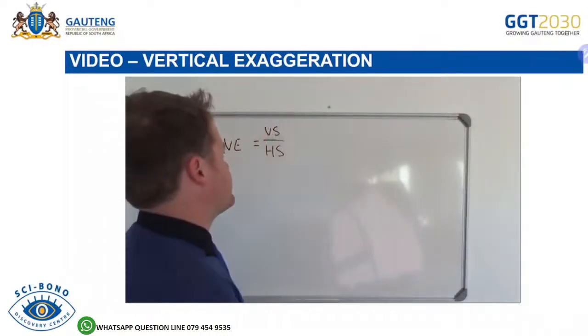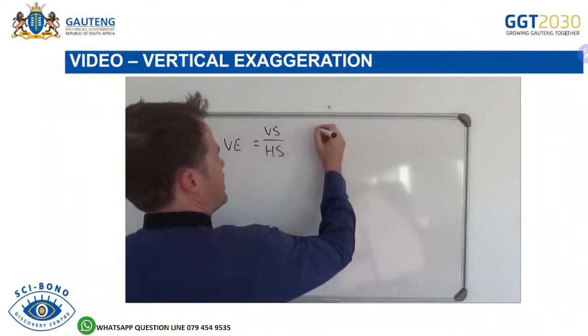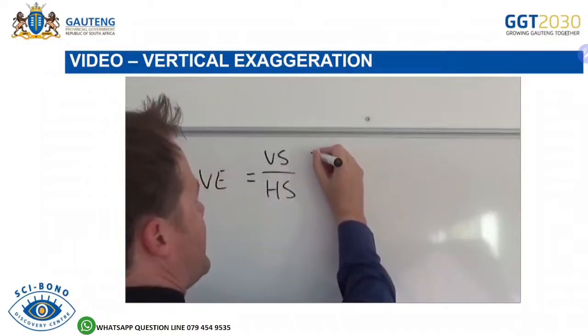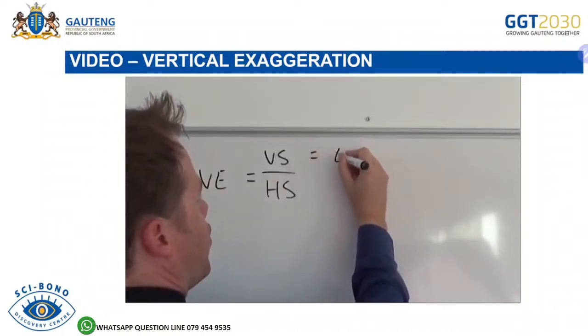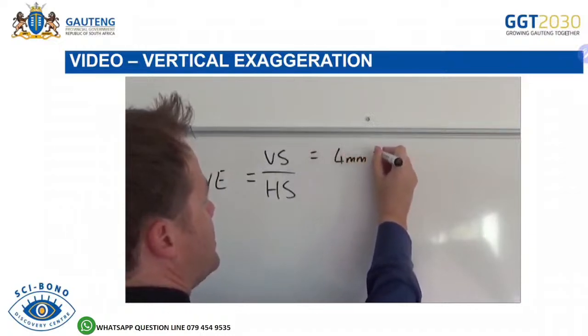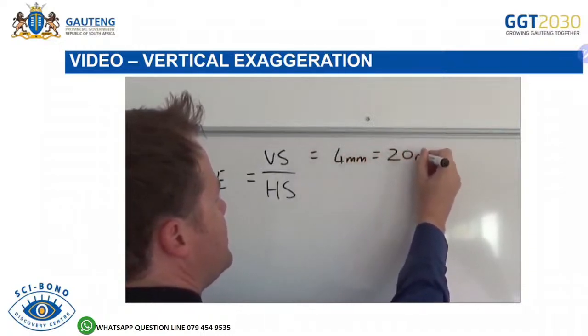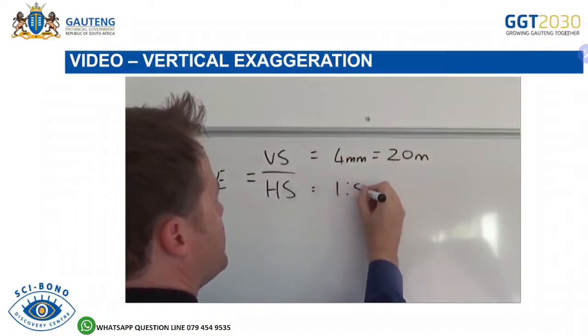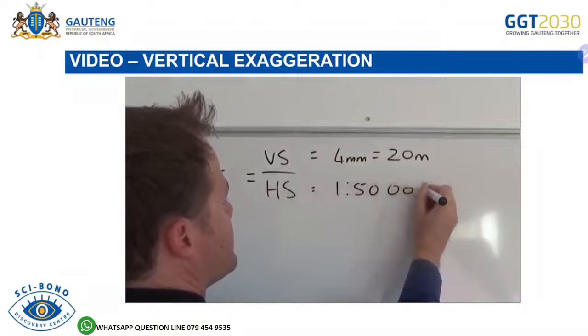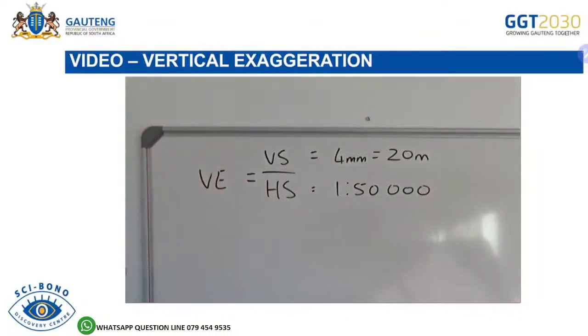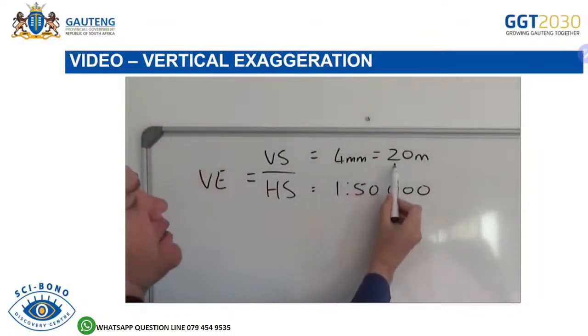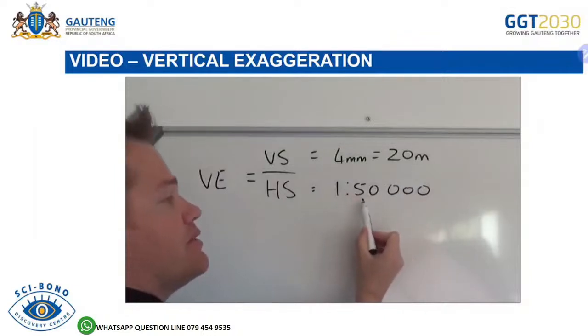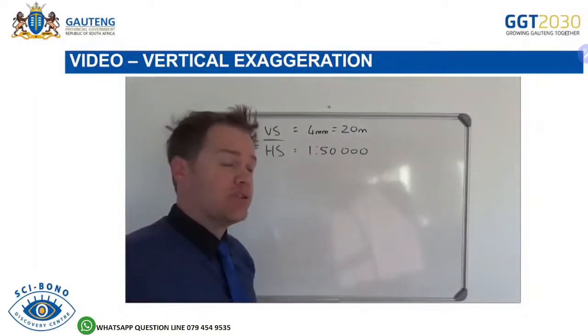The first one is the vertical scale, and let's say the vertical scale is 4 millimeters equals 20 meters, and your horizontal scale is 1 to 50,000. Now we want to convert this scale into something similar to this scale, because we want to compare apples with apples.